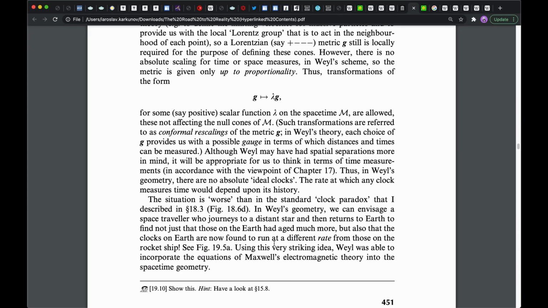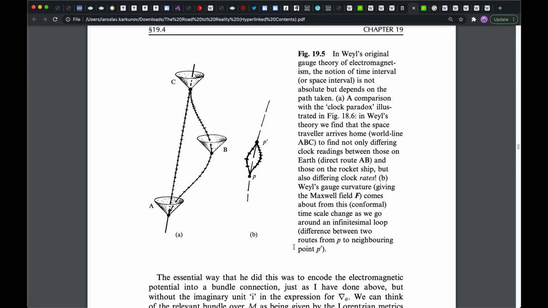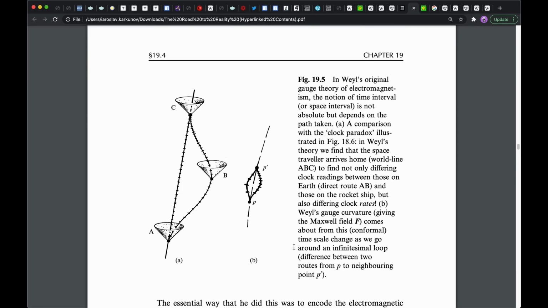And because of that freedom in scaling, we also have a lot more problems, for example, we will not be able to have absolute ideal clocks, because the rate at which any clock measures time would depend upon its history, and it's demonstrated here by the generalized Weyl clock paradox, which we have seen in chapter 18.